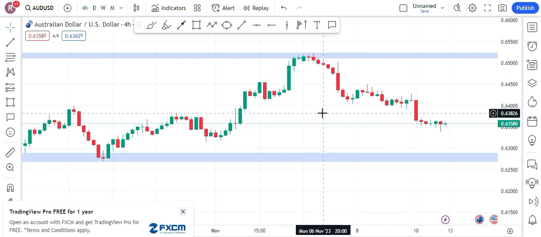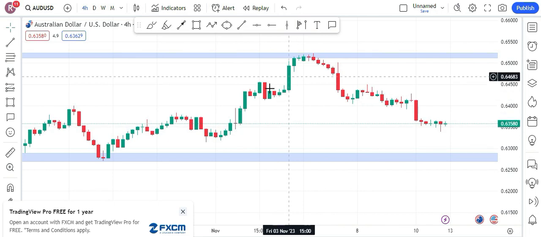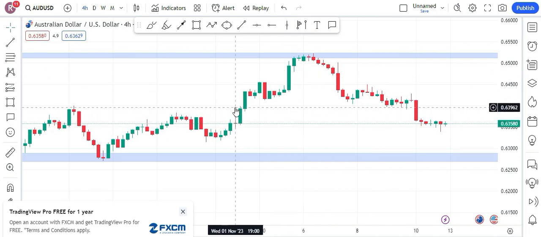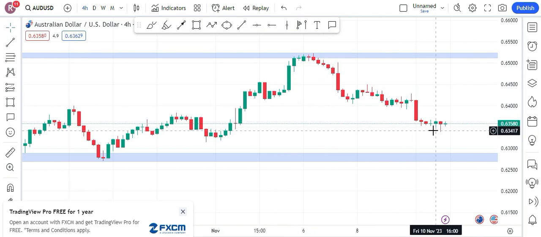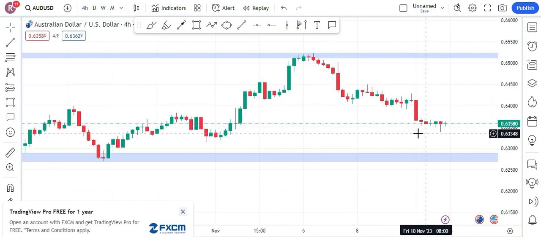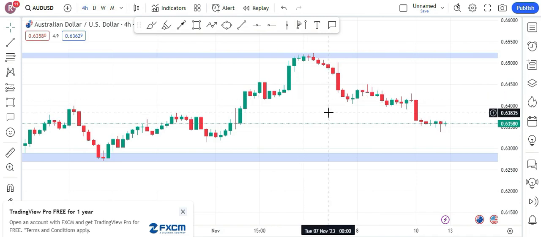If it is an uptrend, all should be green, and if in between there is a red candle, then it's a very powerful candle. At the same time, in a downtrend, all candles should be red, and if there is an opposite color green candle, that is a powerful candle.